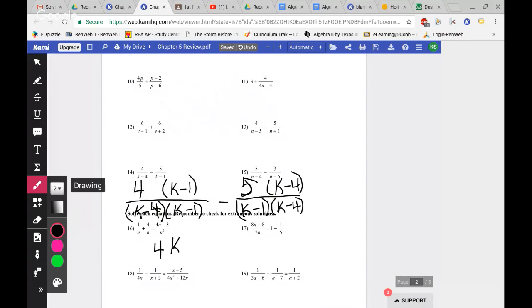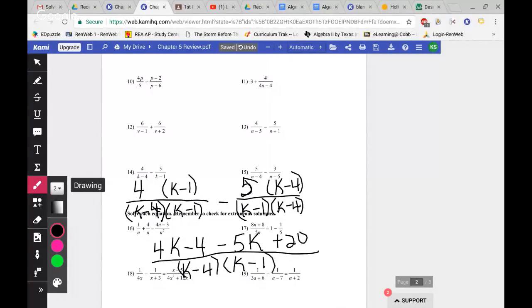And the key on the subtraction problems is to make sure you distribute this negative to both of these. So technically, you're multiplying a negative 5 times k, which gives you a minus 5k, and a negative 5 times a negative 4 gives you a plus 20. So that's the big thing: make sure you don't forget to distribute that negative all the way through the parentheses.